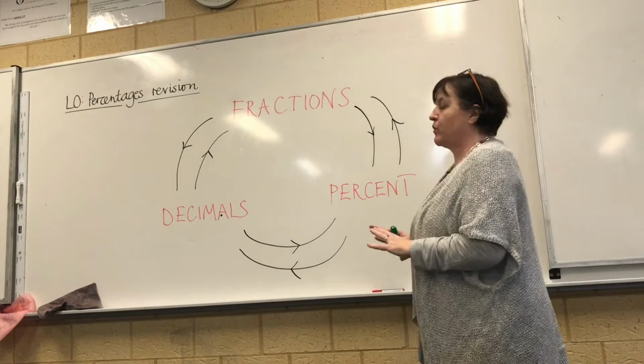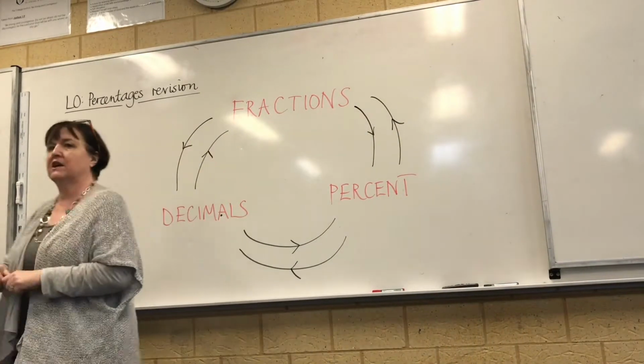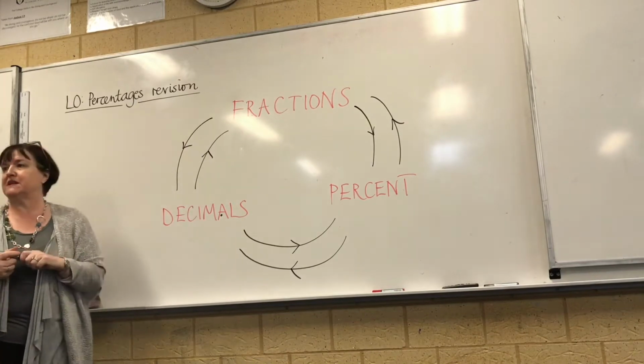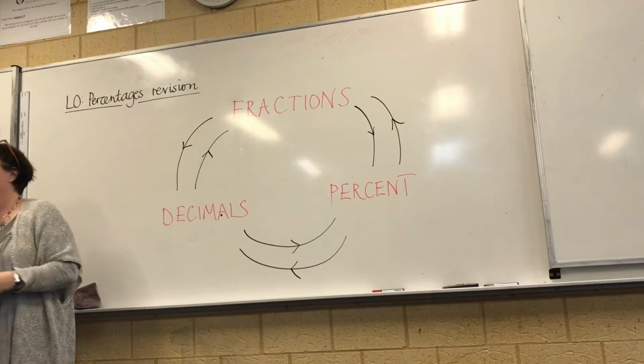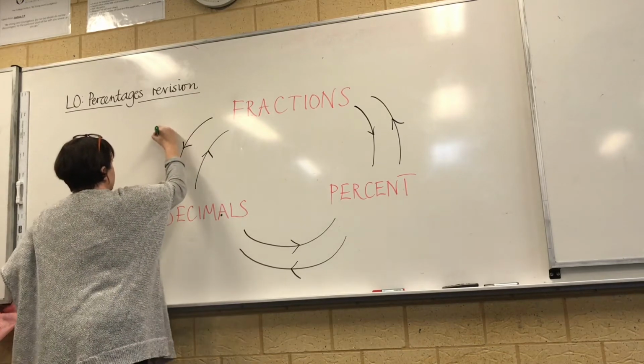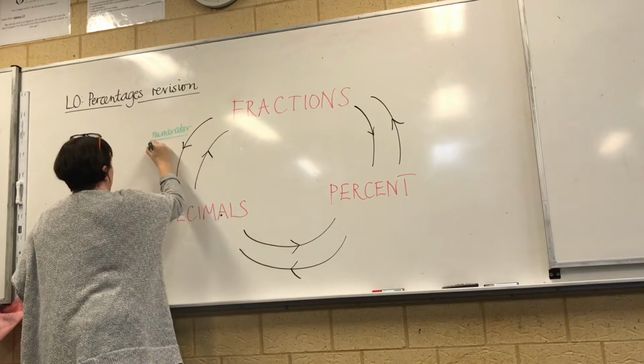So let's start with what we already know, the decimals and fractions. How do you convert a fraction to a decimal? Well done. So it's the numerator divided by the denominator.